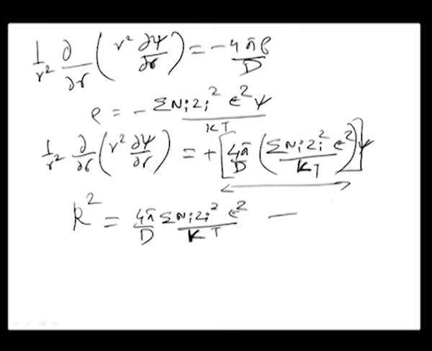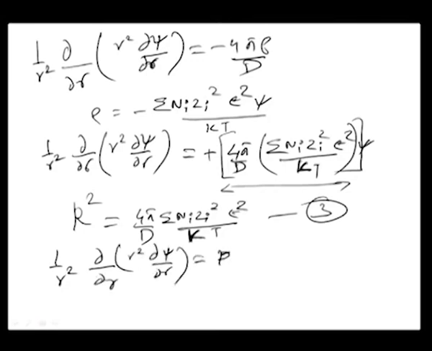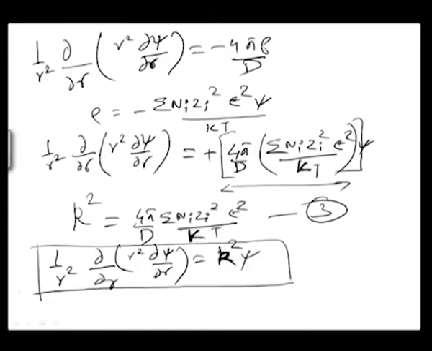Let this be equation 3. We can represent this equation, 1 by r square del by del r of r square del xi by del r, as square of small k times the potential function xi. This is a standard equation with a standard solution.